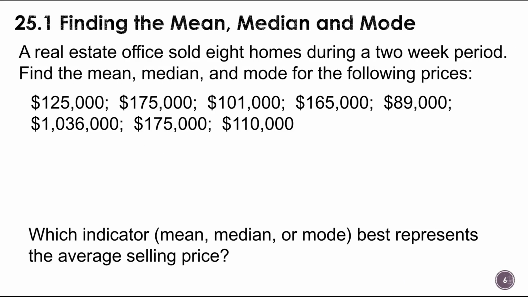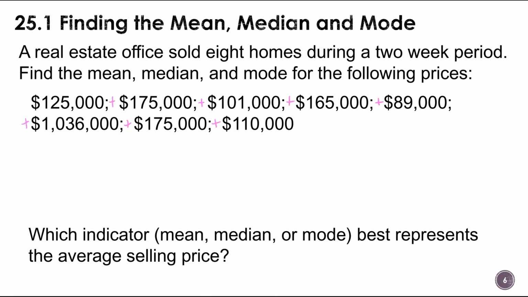On this one it says a real estate office sold 8 homes during a 2-week period. Find the mean, median, and mode for the following prices. Okay, so we're going to find a total, right? We're going to add these all up. I'm going to be a little bit lazy here. We're going to add this and this and this, and we're going to get a total.